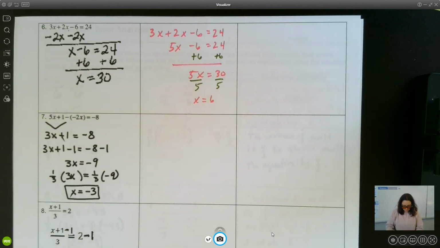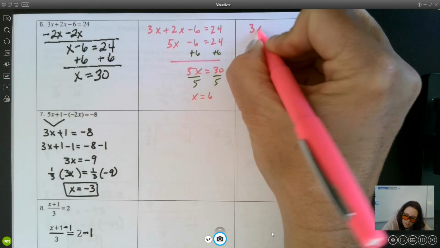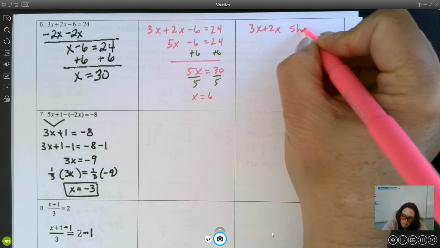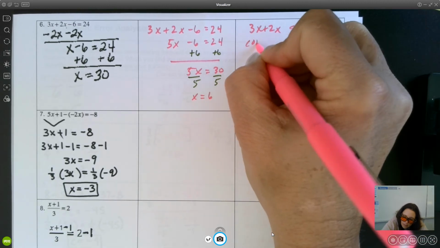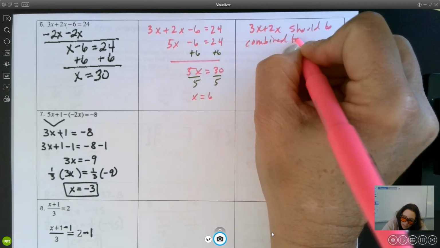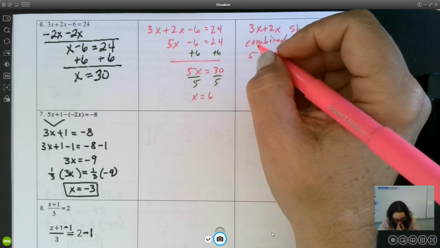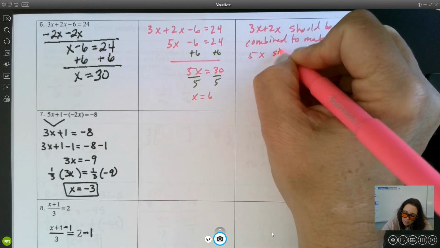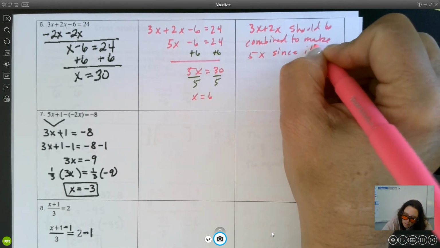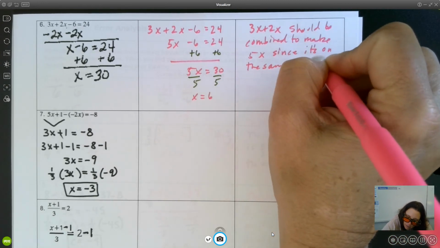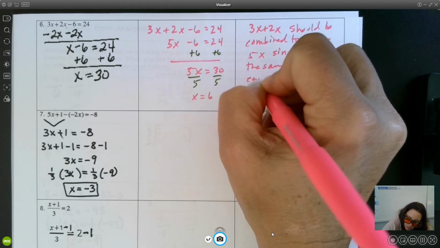So let's write that error up. 3x plus 2x should be combined to make 5x, since it's on the same side of the equal sign.